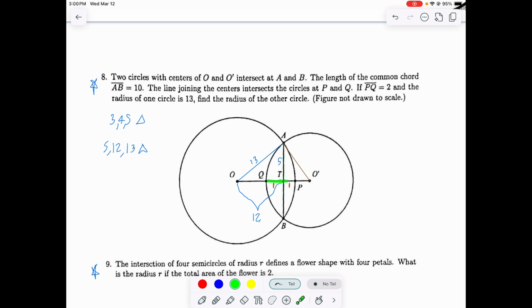These 2 circles have the same length, and we got to remember these circles are not drawn to scale. So that means that this distance from T to O prime is also 12. I know it doesn't look it, but it is, because again, these are not drawn to scale. And since that's 12, that means this has to be 13. So the radius of the second circle is also 13.